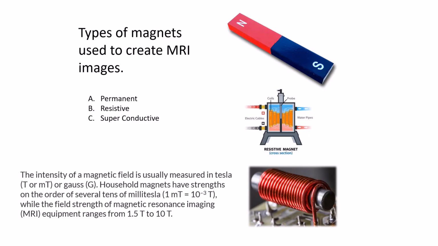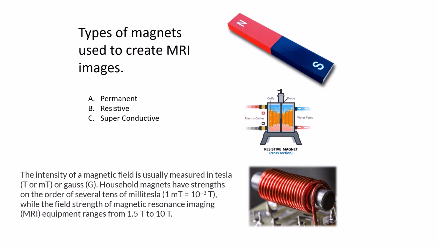There are three different types of magnets used to create MRI images. They are a permanent magnet, resistive magnets, and superconductive magnets. The permanent magnet is something like lodestone, wherein electrons spin in an element.